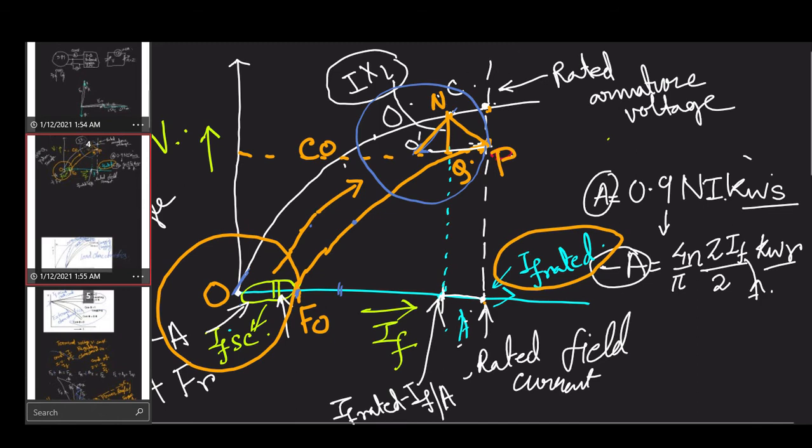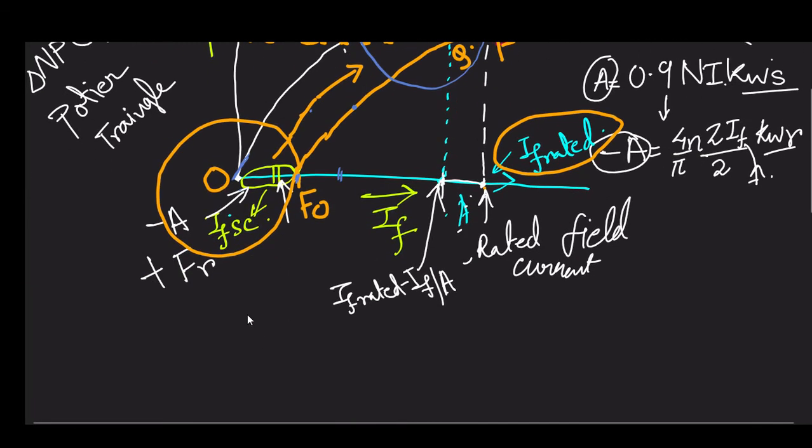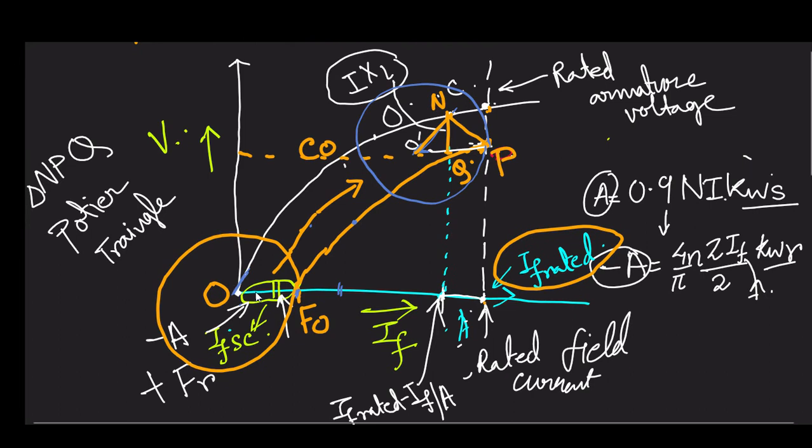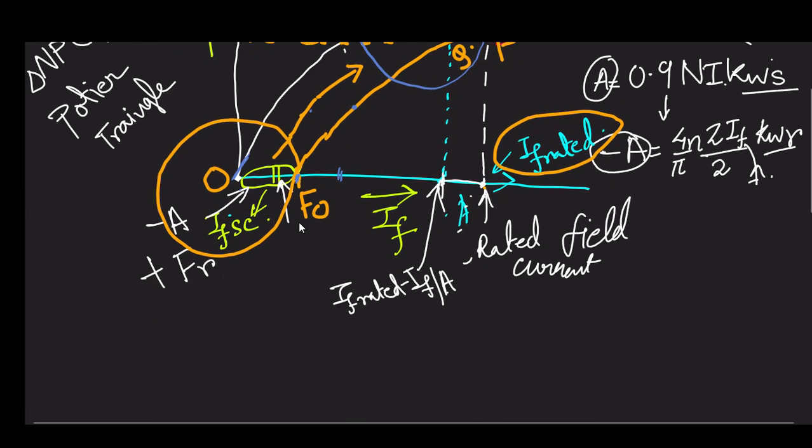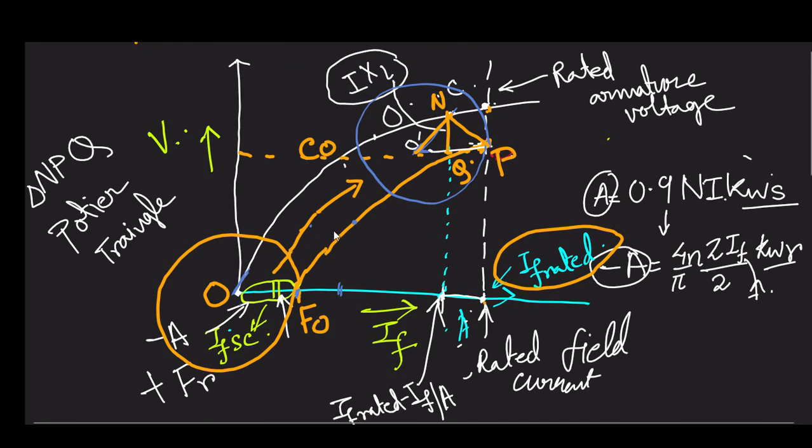Yes, that is what I was trying to say. This much is responsible for not only XL but actually the armature reaction and the leakage reactance. These two, this one is responsible for both of them, right?